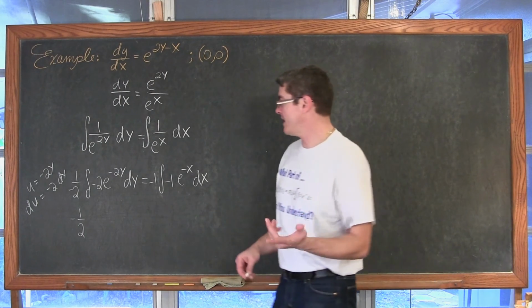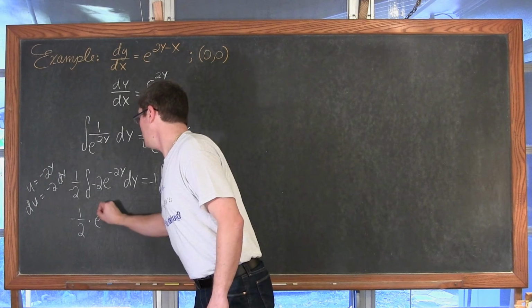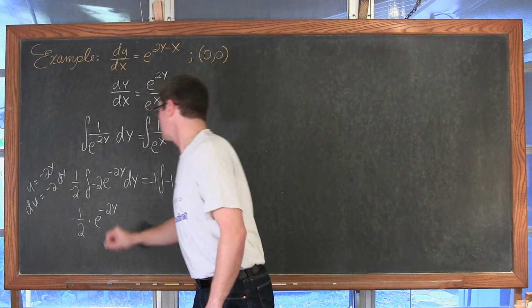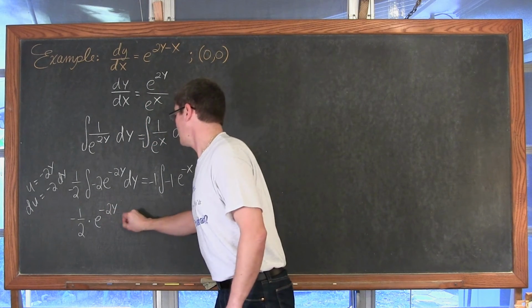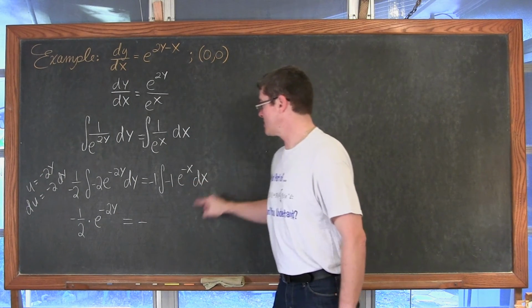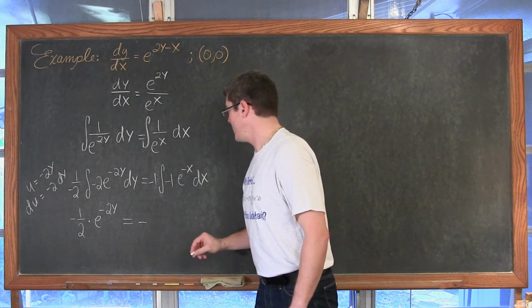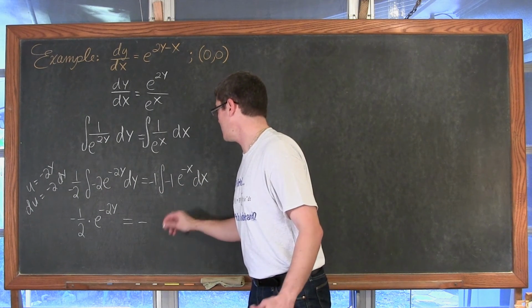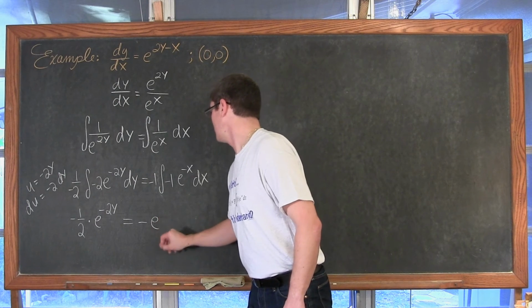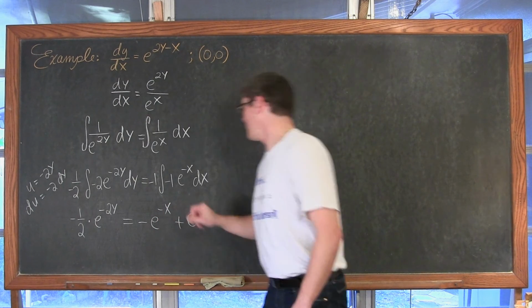So we're going to have -1/2 times e to the -2y. And then on the right-hand side, with that u and that u prime there, this is going to be negative, what? Negative e to the -x plus c.